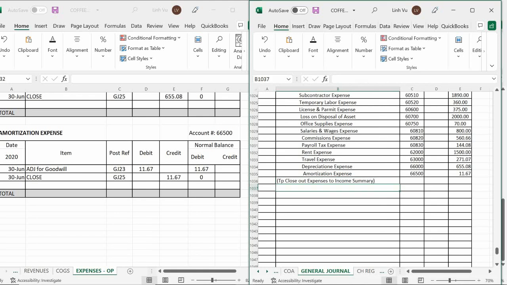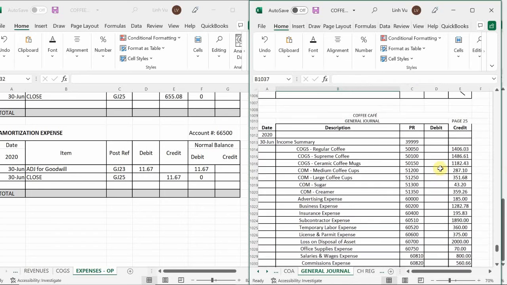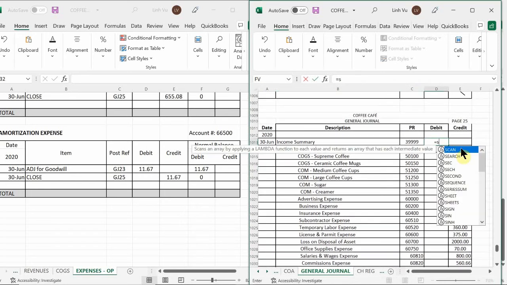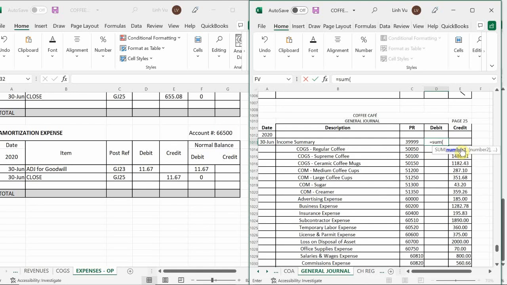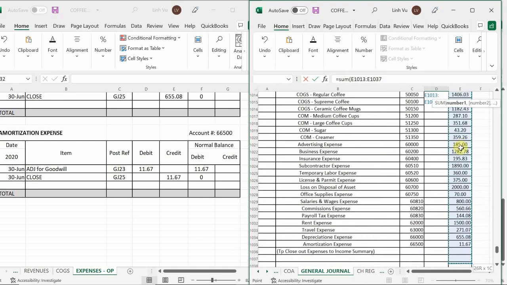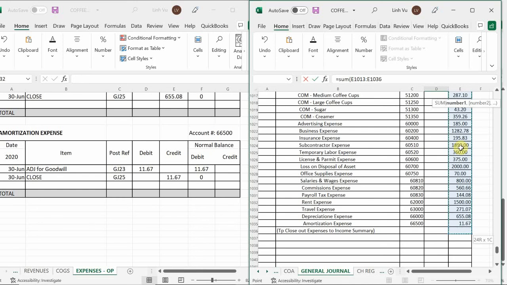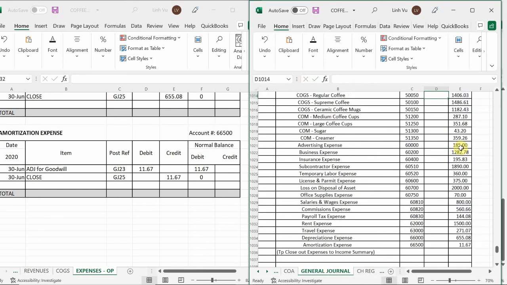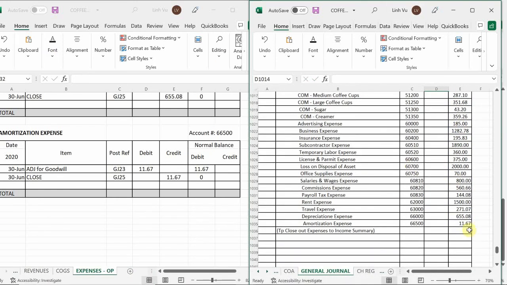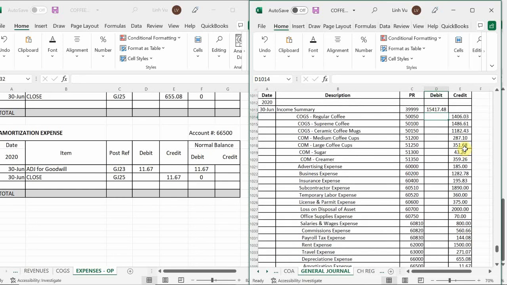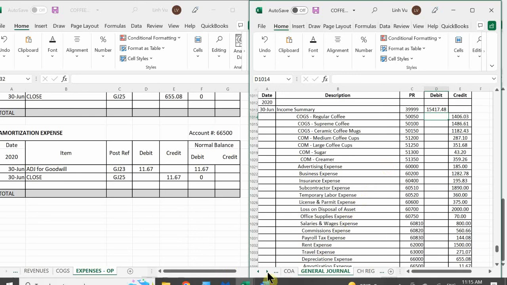All right. This one's the easiest one because all of them are my total credits here, so I can just run my formula to calculate the grand total of all of these expenses here. So, okay, that's going to give you a grand total of $15,417.48.